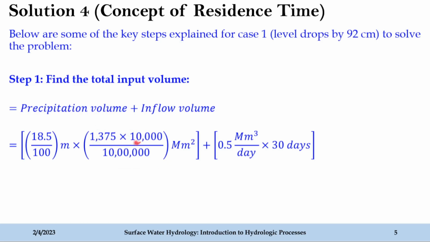So this hectare has been converted into meter square by multiplying it with 10,000, and it has been subsequently divided by 1 million to get the total area of the reservoir as million meter square. Multiplying this area of reservoir in million meter square with the depth of precipitation in meter, it yields the precipitation volume of 0.5 millimeter cube per day.